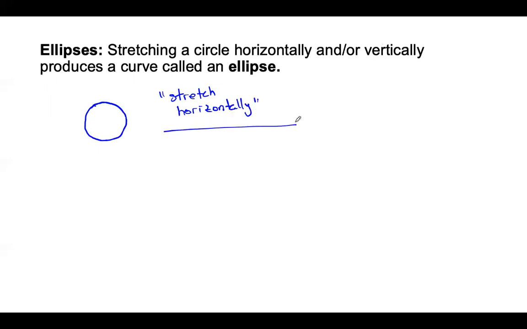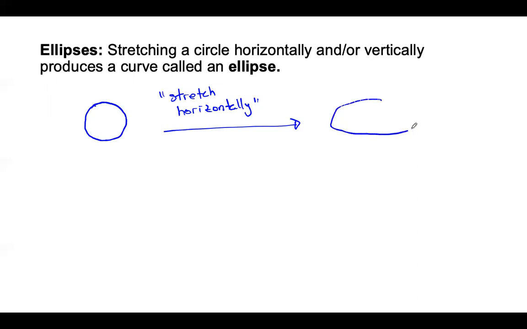So there's also ellipses. So circles relate very much to ellipses. And I'm going to try to do my best here to draw a circle. If we stretch horizontally, so basically we do a transformation, we can get this ellipse.